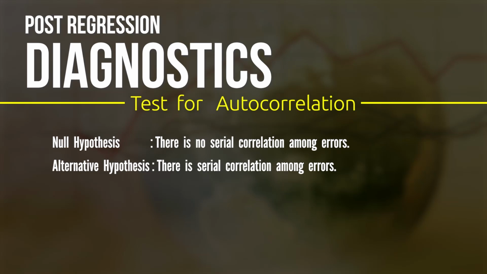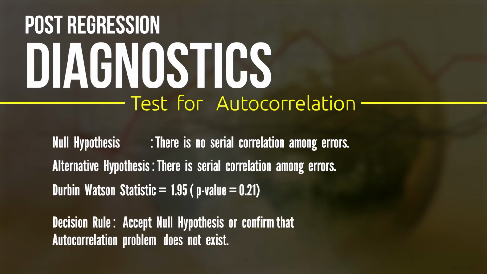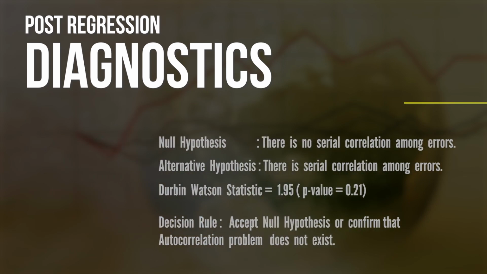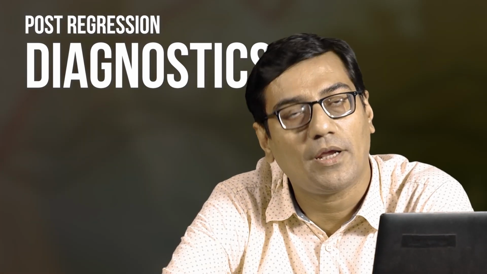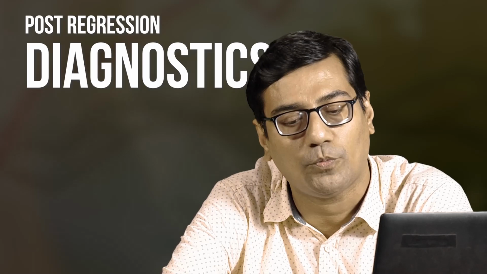For this, we go for the Durbin-Watson test, and again we observe that the value is 1.95, less than 2, and the p-value is 0.21. So again we interpret that the null hypothesis is accepted, which means that the errors are not serially correlated with each other. This is very important to understand because if autocorrelation exists, we cannot proceed with OLS. We have to check for autocorrelation and then we can go for the estimated output.